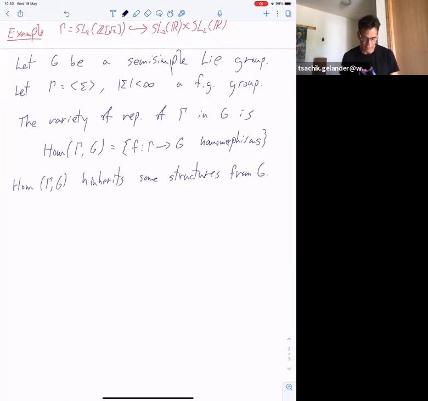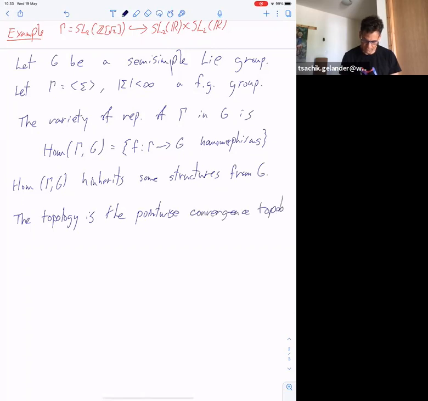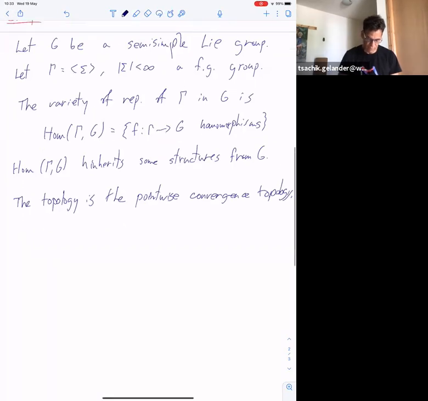So what is the topology? The topology is the pointwise convergence topology. What does it mean?